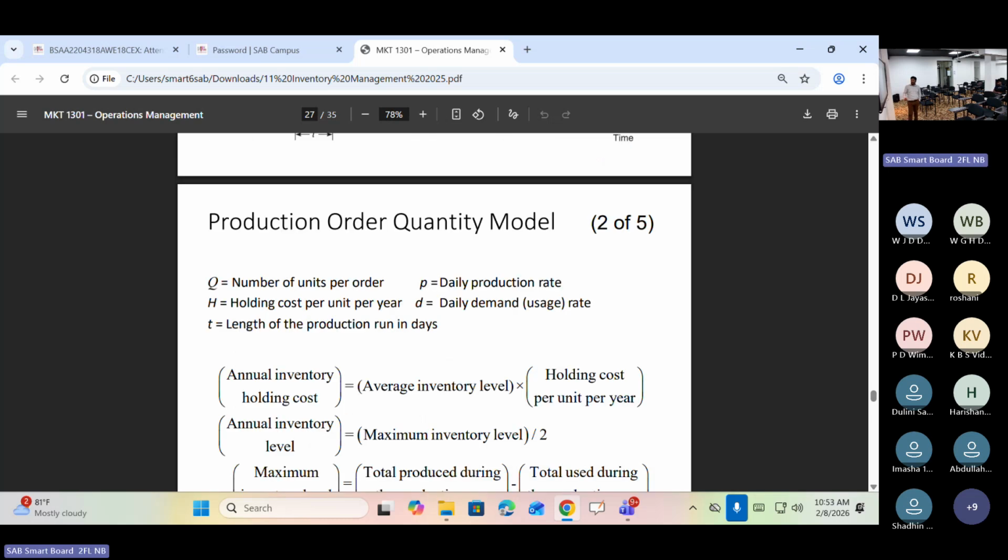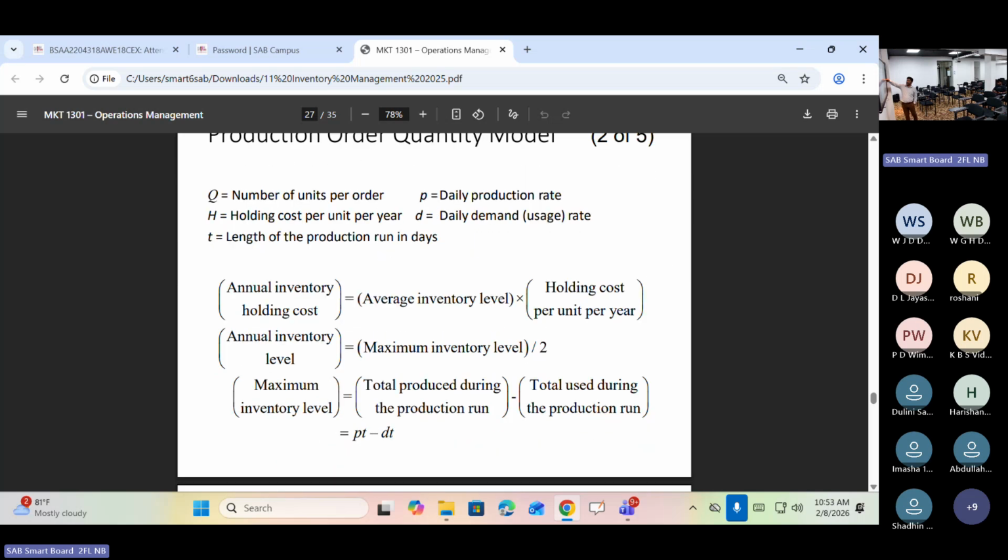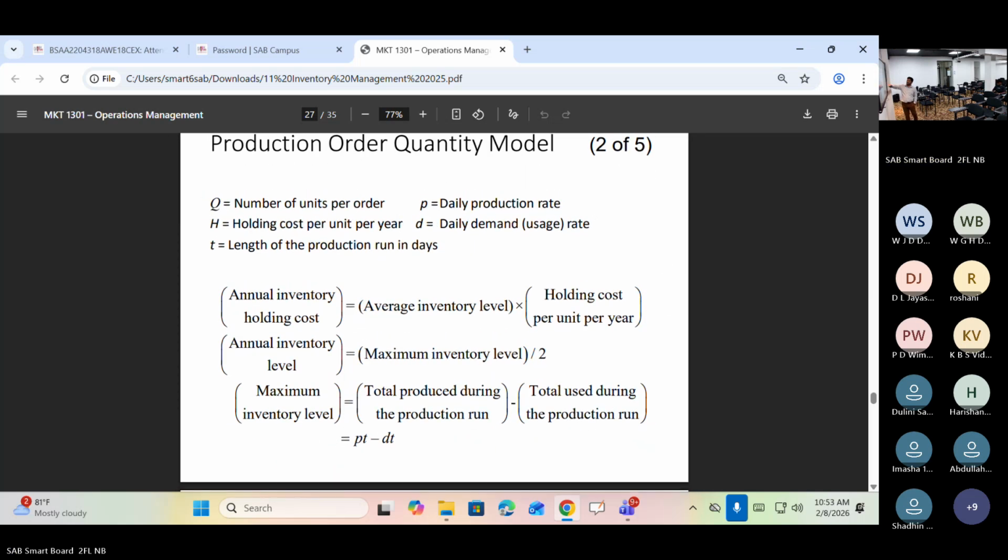The relevant equations are mentioned here, which I need to calculate: the annual holding cost and the maximum inventory level.